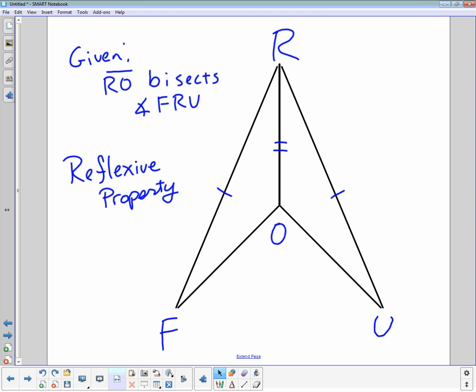Ah, okay, so wait. She's got an interesting point. They told us that RO bisects angle FRU. So what does it mean to bisect an angle?